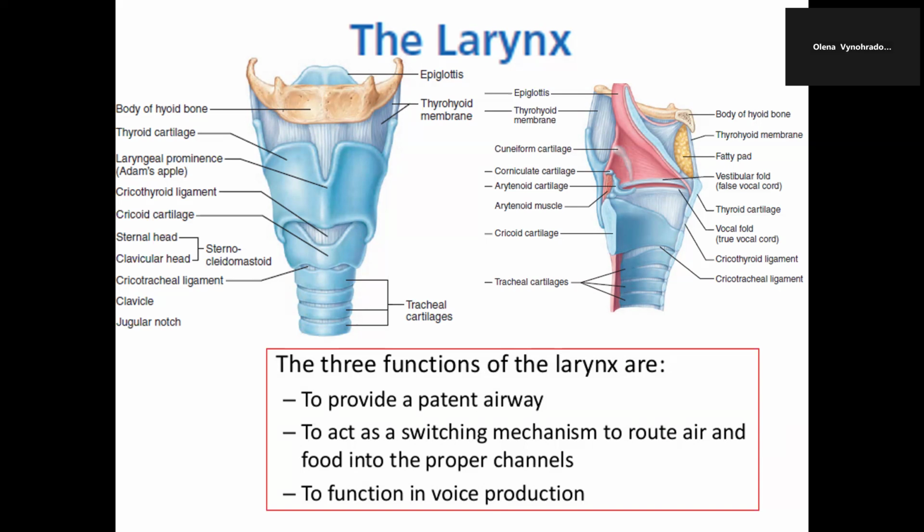Because of the presence of vocal cords, we are able to talk and create any voice, any sound. Also, here we have a protective mechanism and protective receptors. After irritation of these receptors, we have coughing if some particles move inside of our larynx.